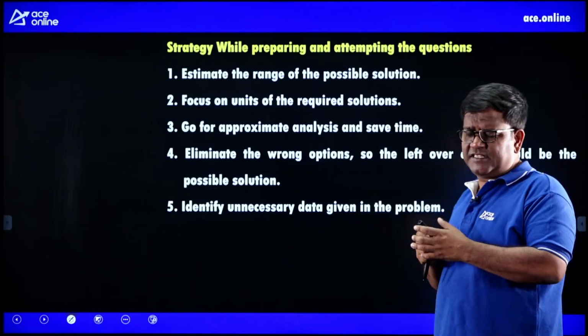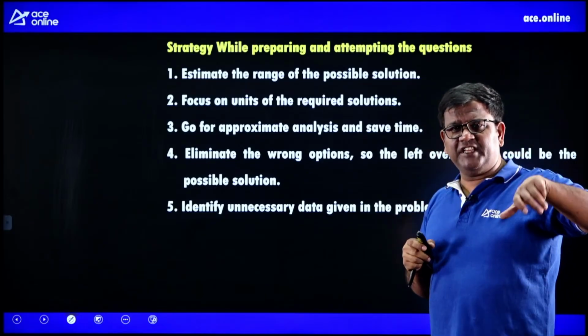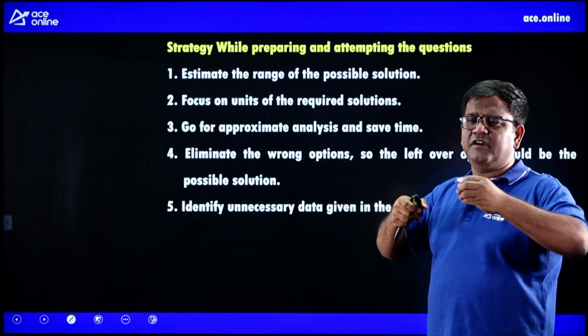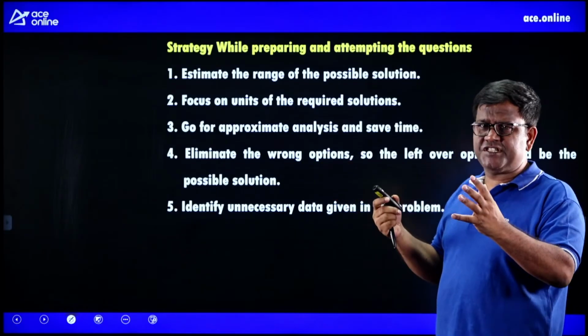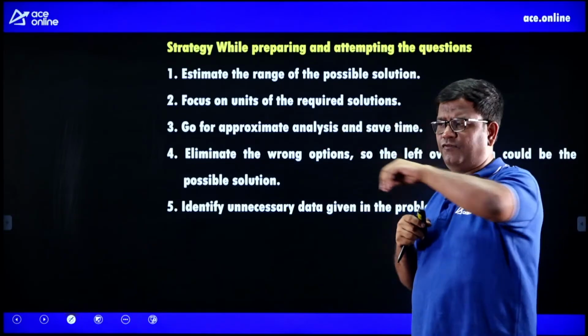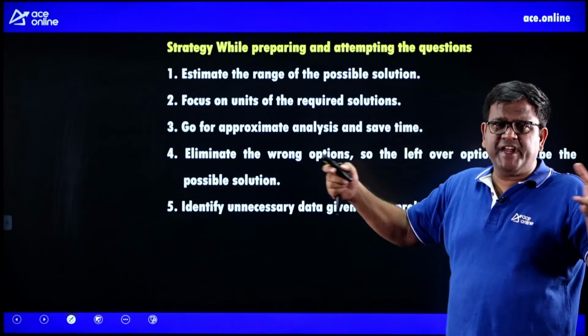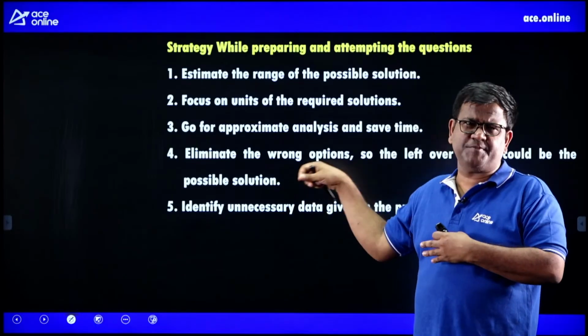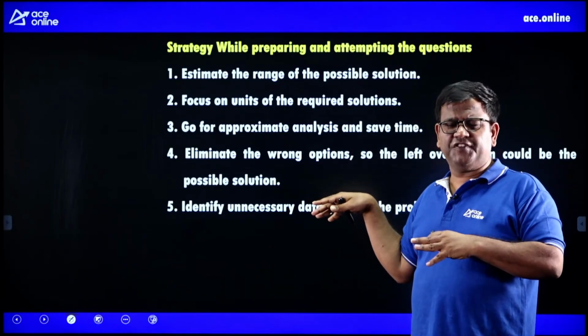Sometimes what happens is the options given in the GATE problem are so widespread. For example, he asks you to find voltage, right? The options are 10 volt, 20 volt, 30 volt, 40 volt. So they are so widespread, you don't have to do the exact analysis. You can just go for approximate analysis, neglecting a lot of things.